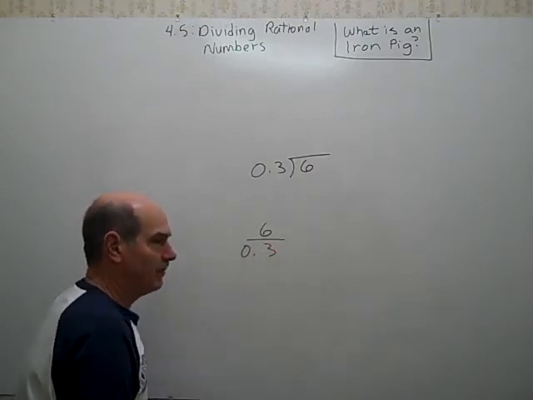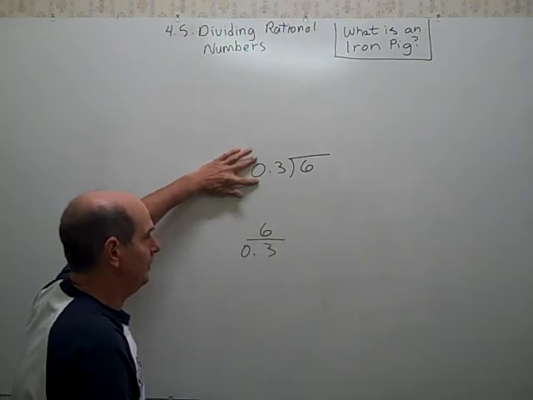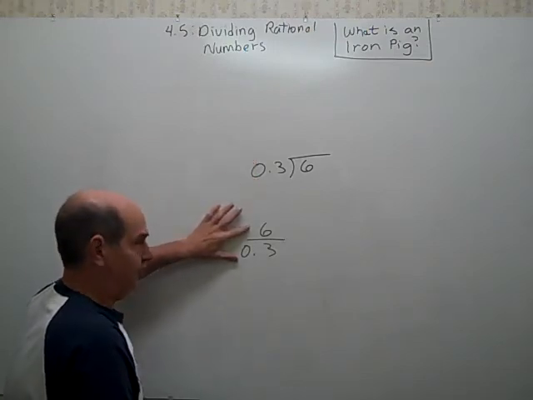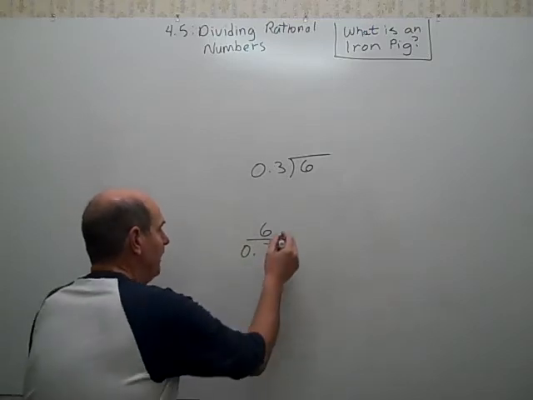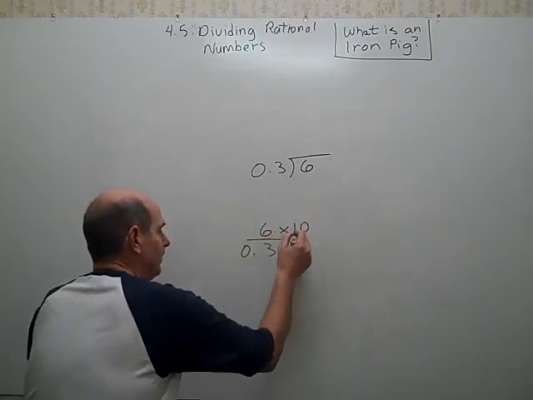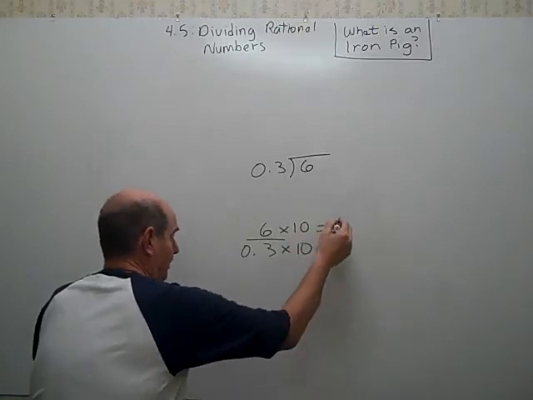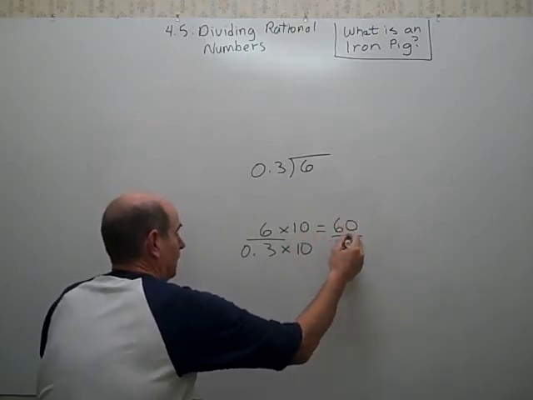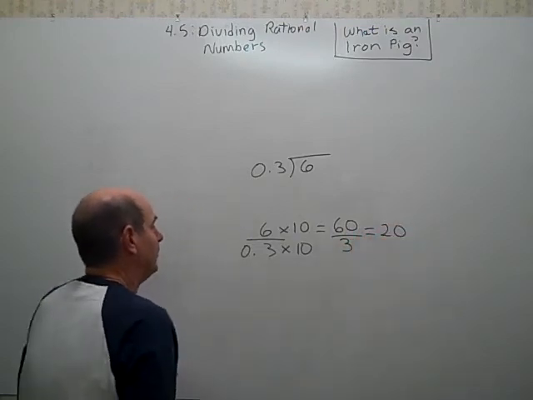To make sense of the algorithm we're going to review, you can think of this as a fraction, although technically it's not. But you can multiply the numerator and denominator of a fraction by the same number. So this would be the same as 60 divided by 3, which gives 20 times.